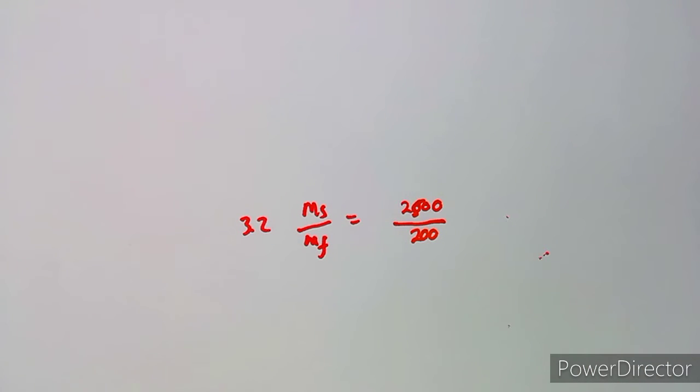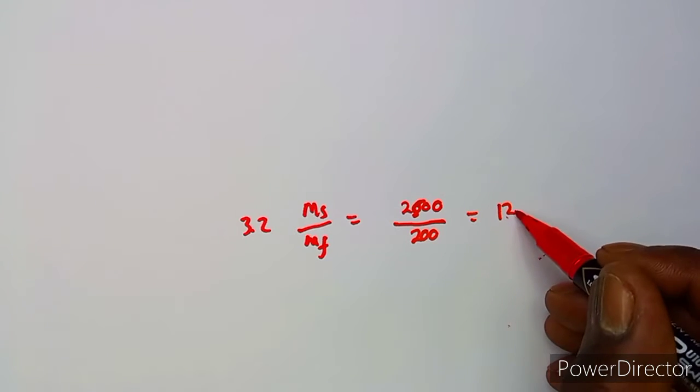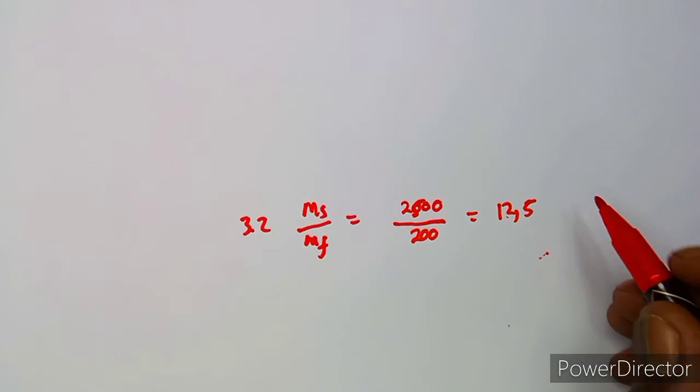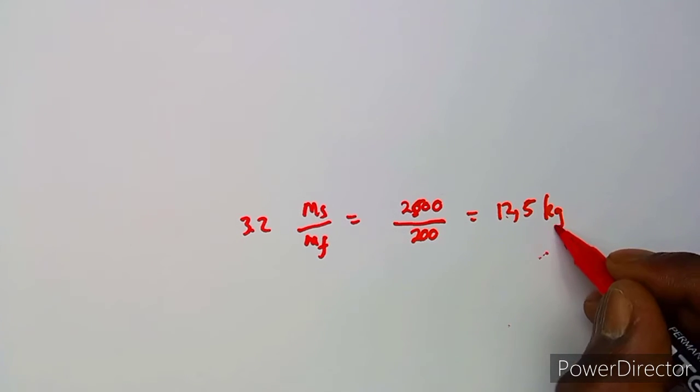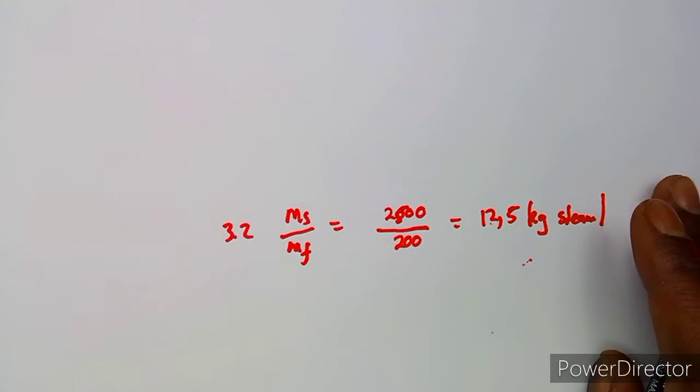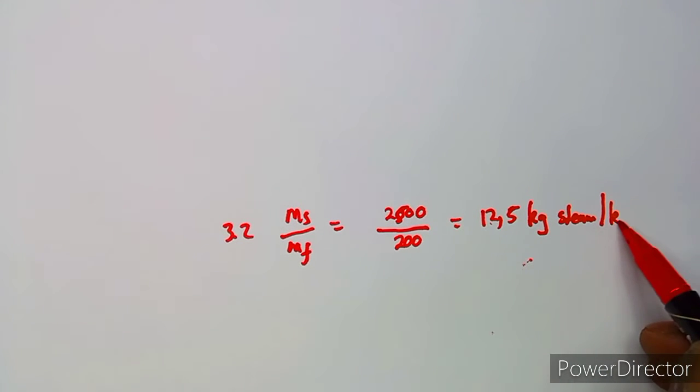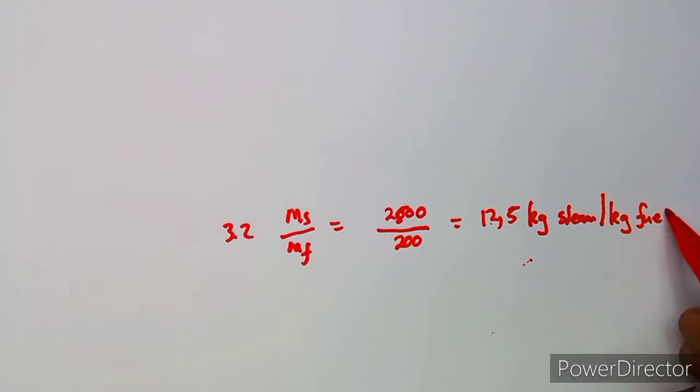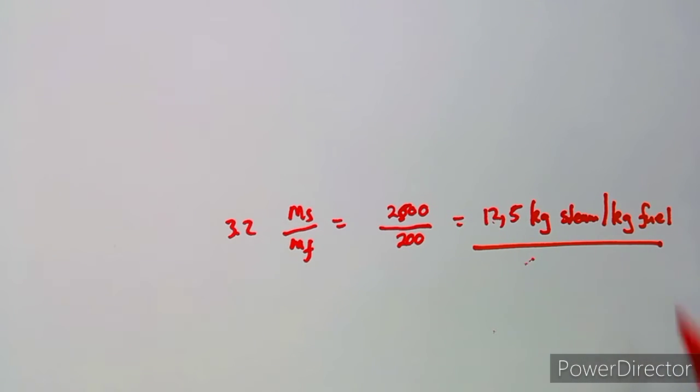That's going to give us something like 12.5 kg steam per kg fuel. Per kg fuel, that is what they mean. So all you needed is the formulas and so forth. I think it's something that can be easier to work with.